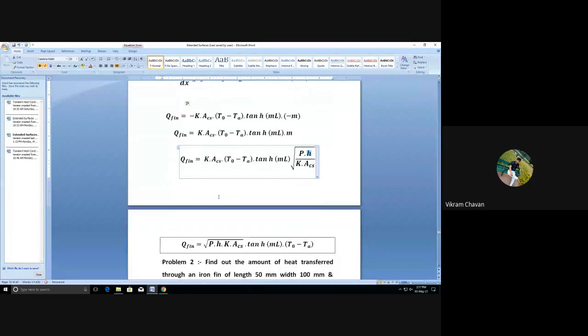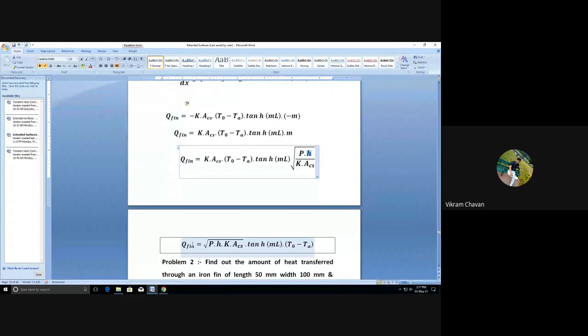So we'll get the equation as Q fin is equal to under root of P multiplied by h multiplied by k multiplied by A_cs, under root complete, whole multiplied by tanh of mL multiplied by (T0 minus Ta). So that will be the heat transfer equation for the insulated fin at its tip. Okay, insulated fin at its tip.